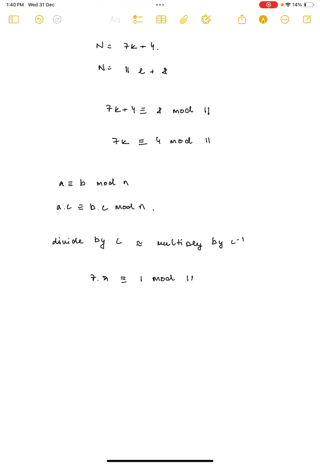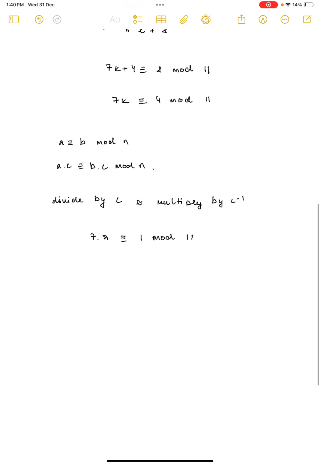If we want to find the modular inverse of 7, one way is obviously by hit and trial. So for x is equal to 1, 7x is 7, and it is not true. For 2 you have 14, again does not work. For 3 it's 21, it's 10 modulo 11.